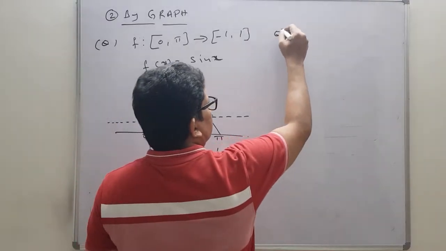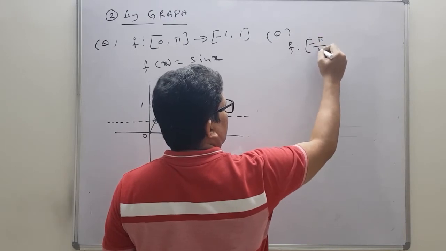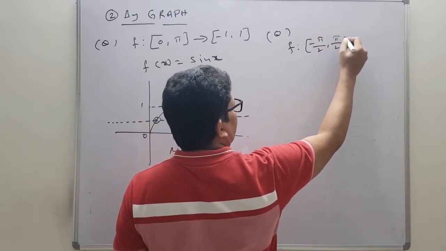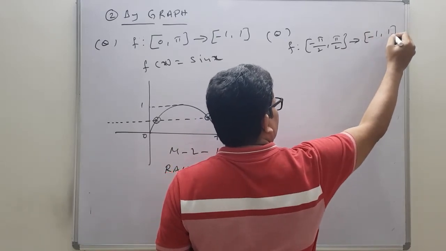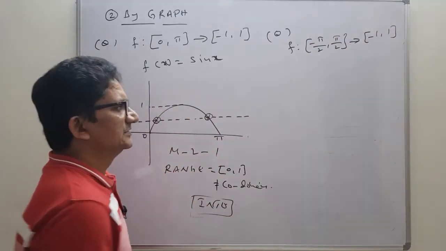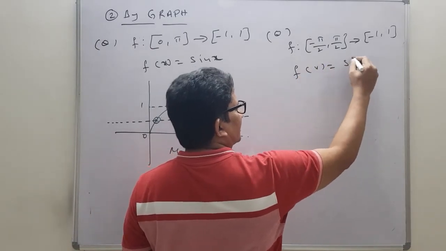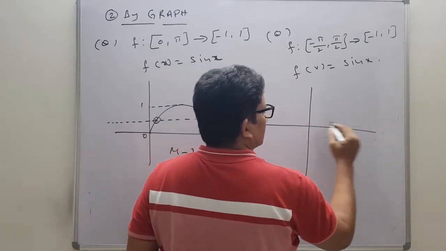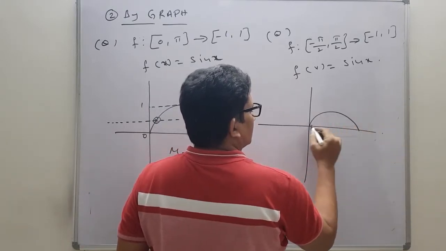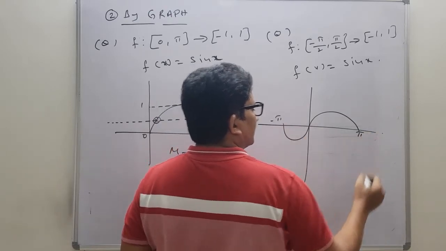Next question. F is defined from minus pi by 2 comma pi by 2 to minus 1 comma 1 such that f of x equals sin x only. This is one cycle in between minus pi and pi.